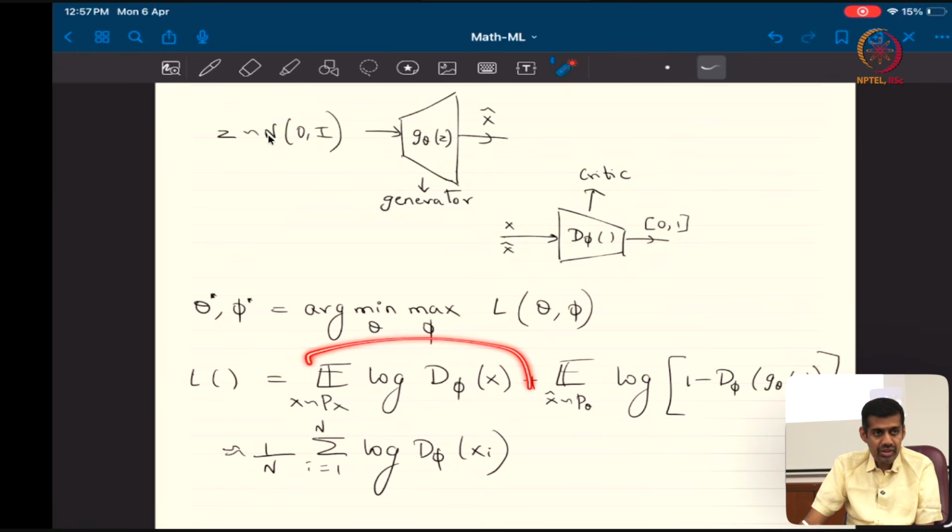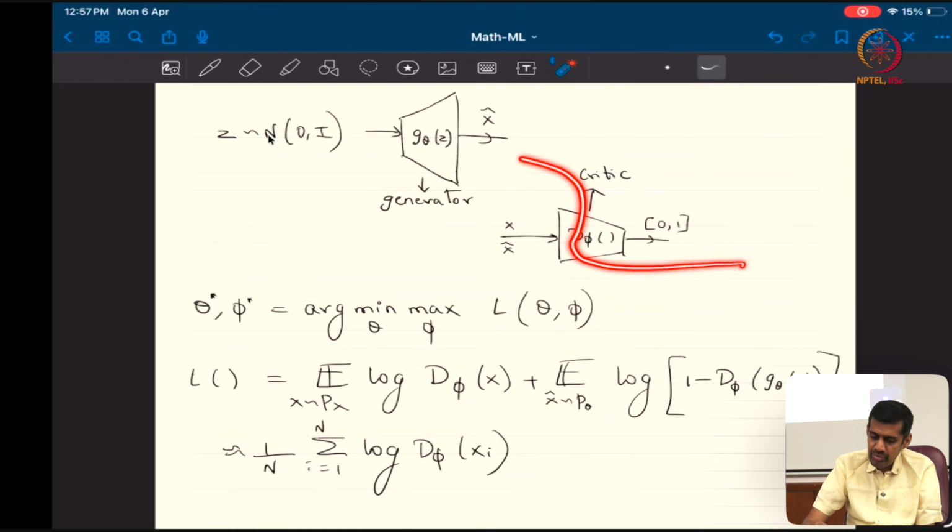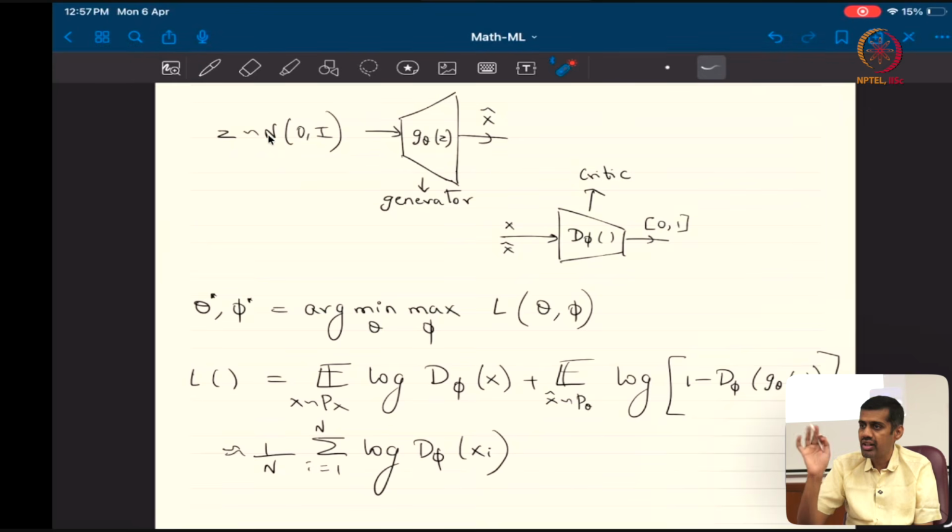Actually, for the generator you do not have to compute the first term because the first term is independent of theta. You only take some points of z, pass them through the generator, get your x cap, pass it through the discriminator, compute this term and backpropagate all the way from the discriminator to the generator, keeping phi constant. That is it. That is one backward pass through the generator, and keep doing this alternately. That is GAN training.